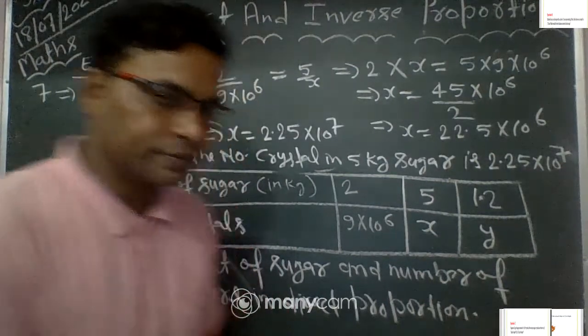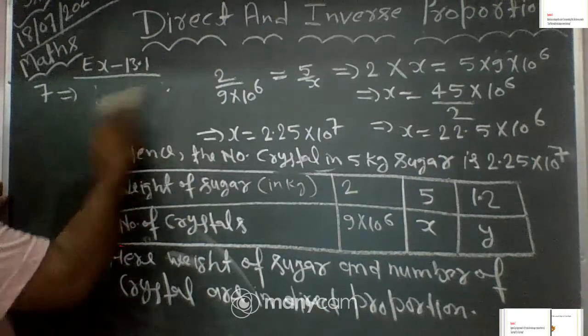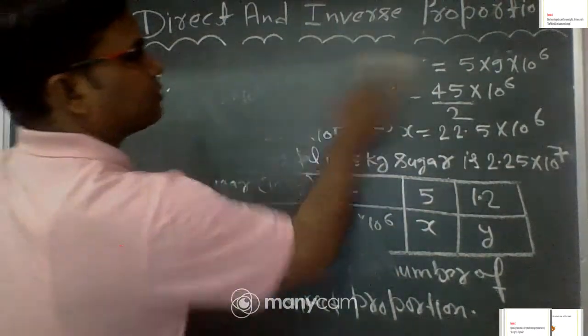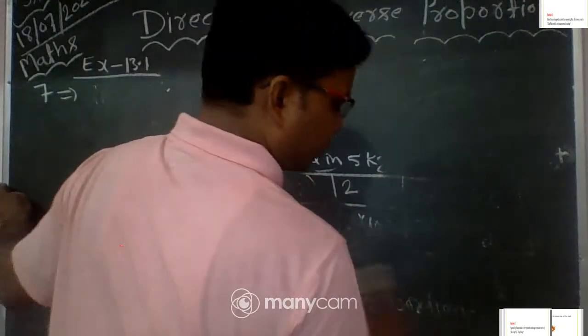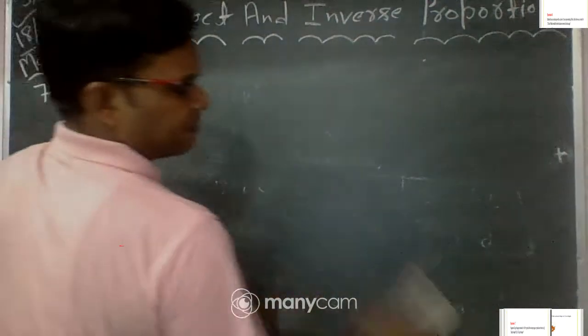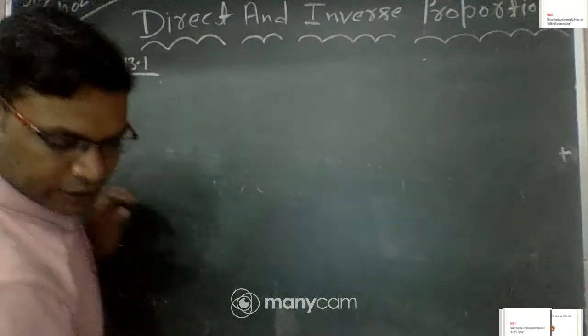So let's see. This is the first part. We found the number of sugar crystals in 5 kg sugar is 2.25 into 10 power 7. Okay. Now this is the second part.